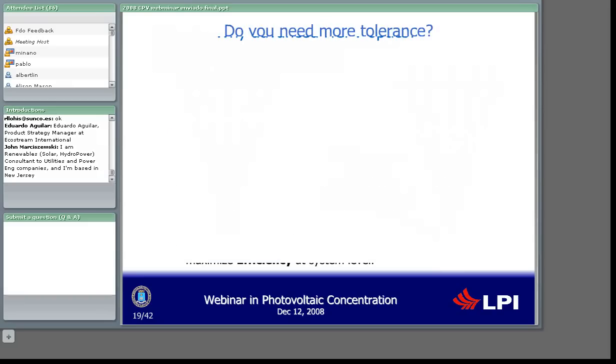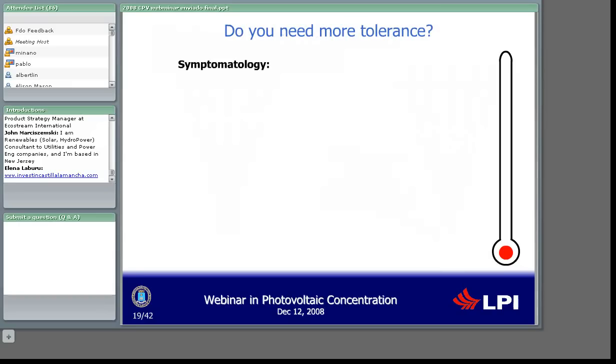Well, when one designs a system and is working on it, one may think whether more tolerance is needed or not. And we can try to find a list of symptoms that indicate that you may need more tolerance.